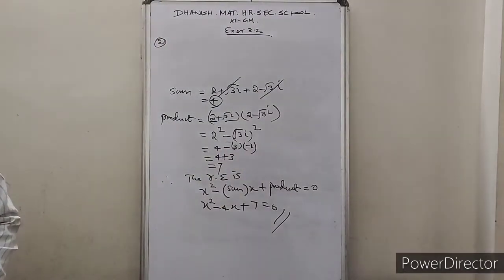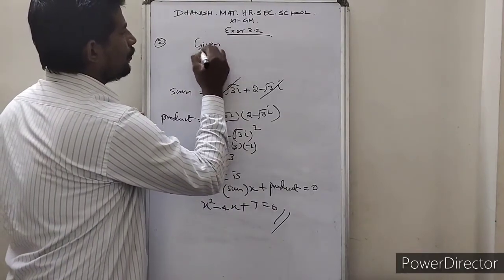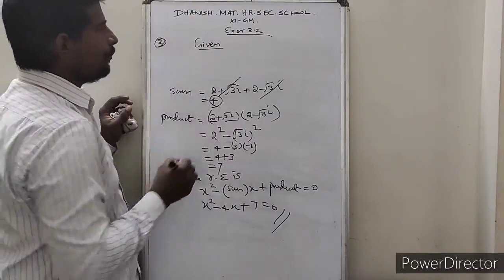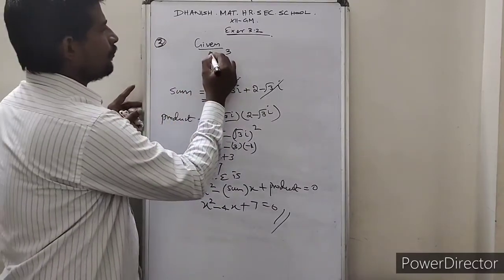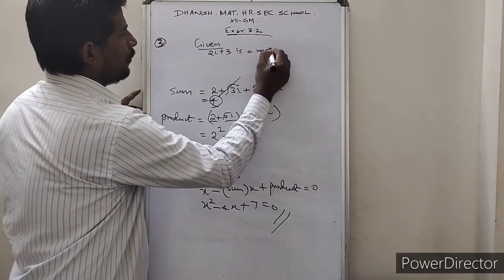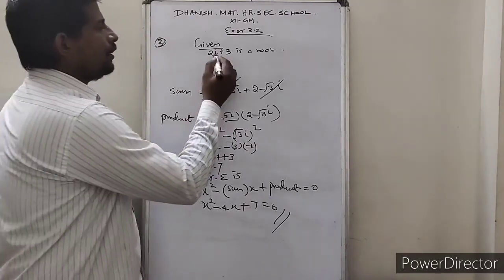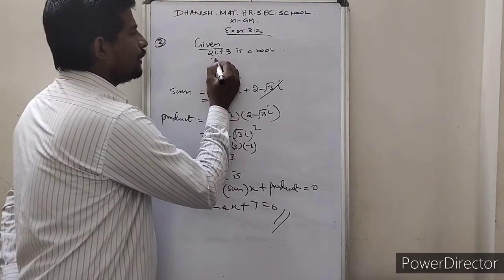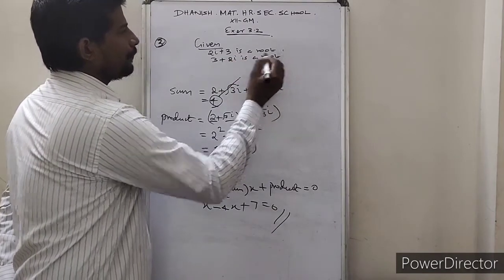For that, what's the given? This is our third sum, given: 2i plus 3 is the root. Here I am going to rewrite this as 3 plus 2i is the root.